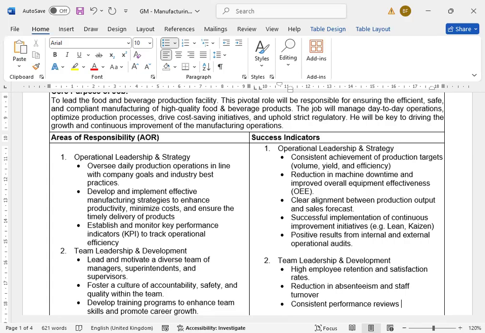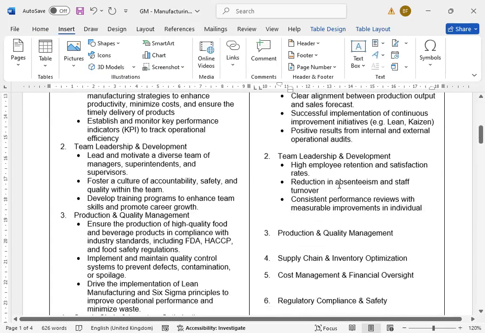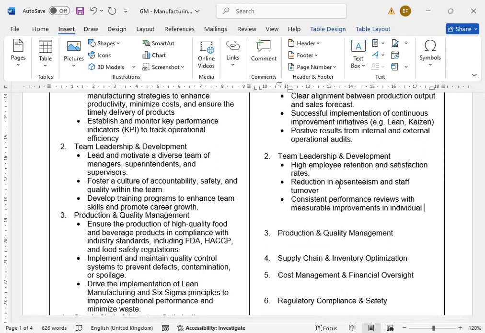Okay, with measurable improvements in individual and team competencies.